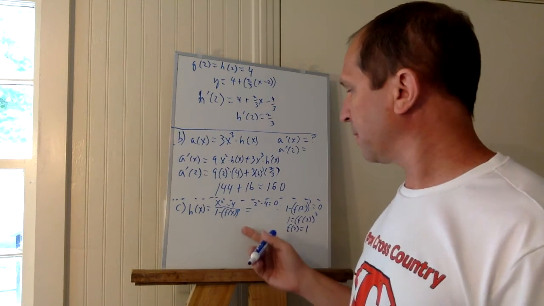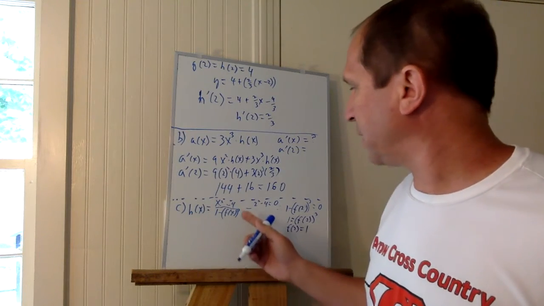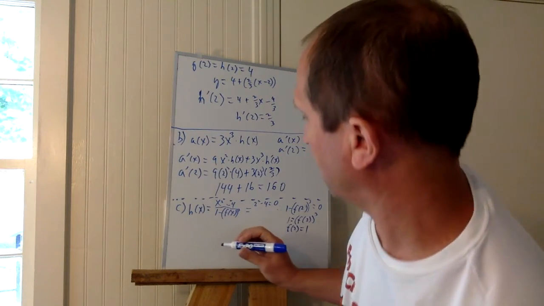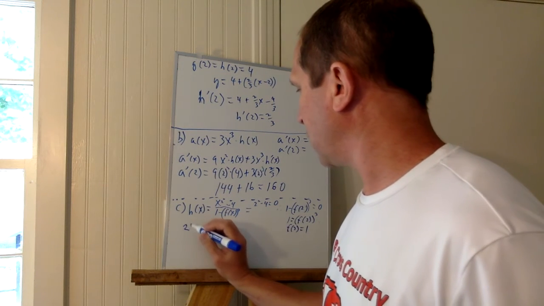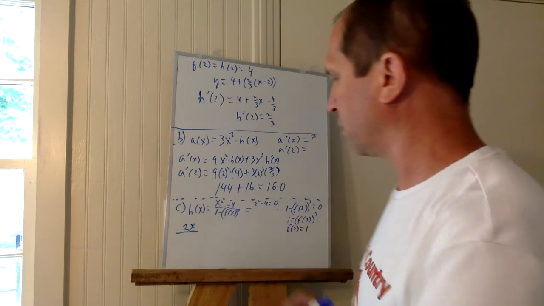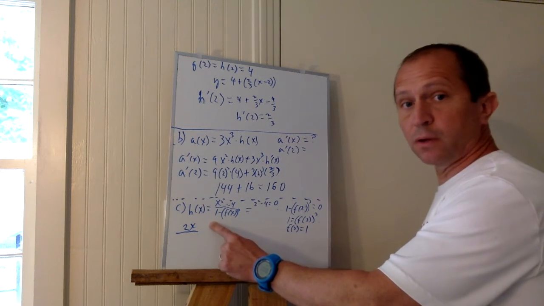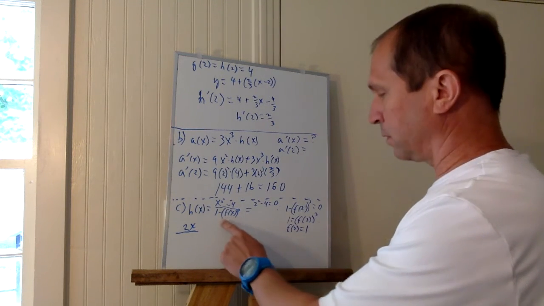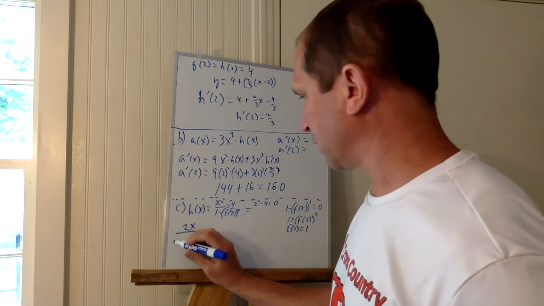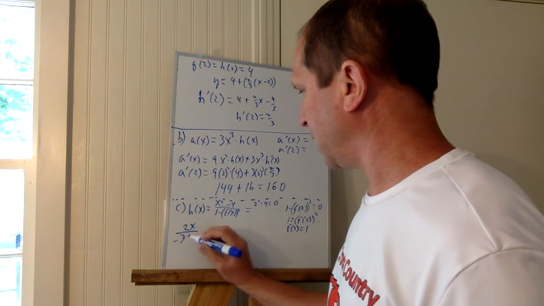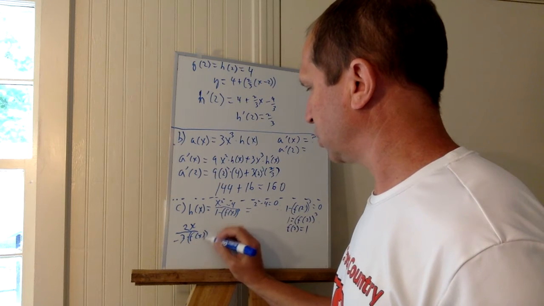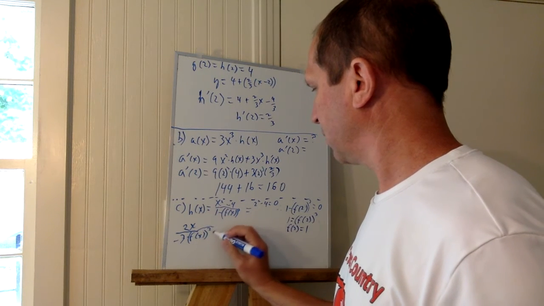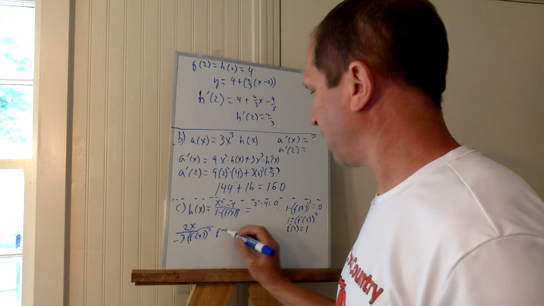Now, f prime. In L'Hopital's rule, we've got 2x over, of course, the derivative of 1 is 0. So the derivative of the denominator is going to be negative 3 times f of x quantity squared times f prime of x.